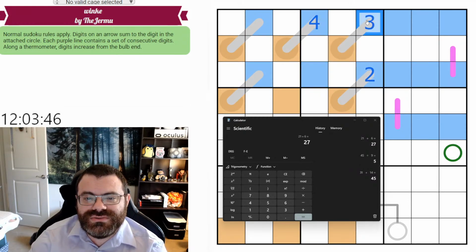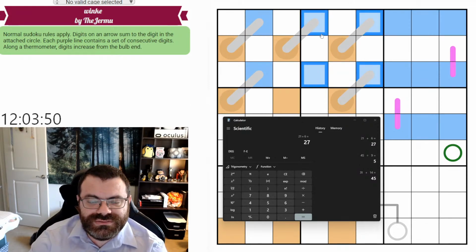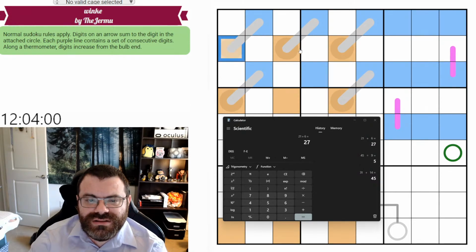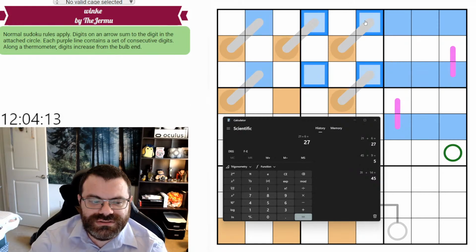No, I can't. So how do we deal with this sum here? I think I should take these 3 and say these have to sum to at least 6, and these have to be 1 bigger. So I'd have to do 2, 3, 4 here. 2, 3, 4, and 2. But then this box seems nicer.